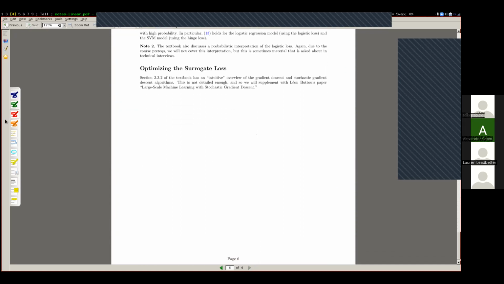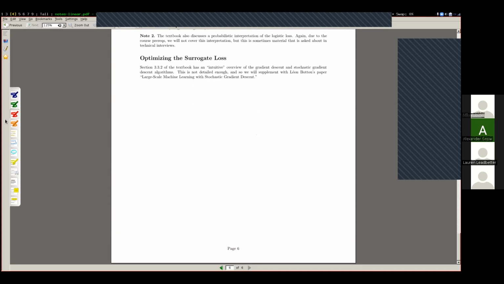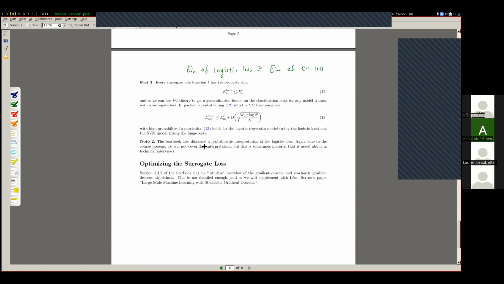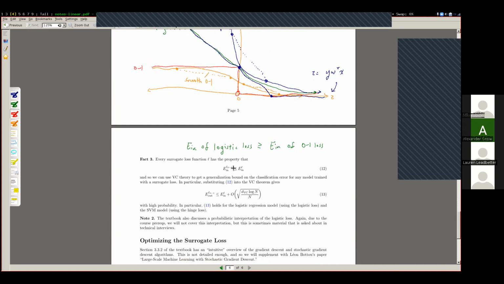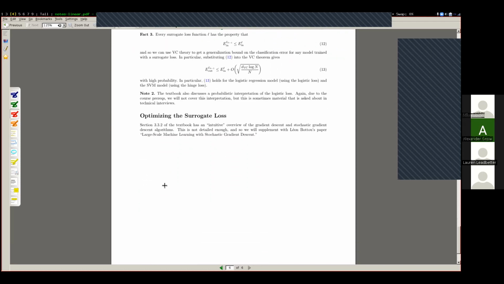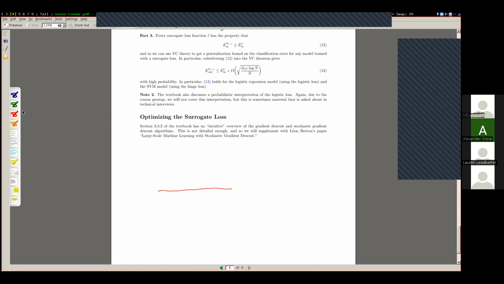A little bit more intuition about these loss functions. Down here in this blank section, I'm going to draw some more plots. Up here, notice that on the x-axis, I have this z value, which is y w transpose x. On these plots, I'm going to draw the x-axis as the w.